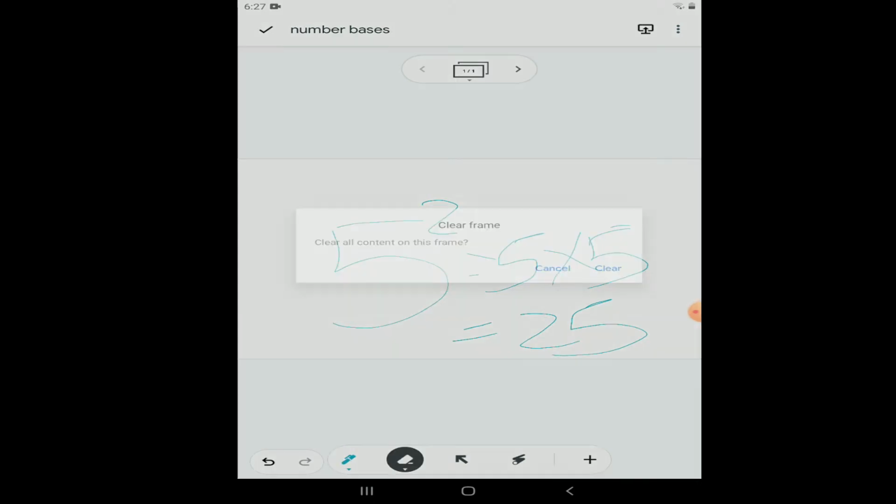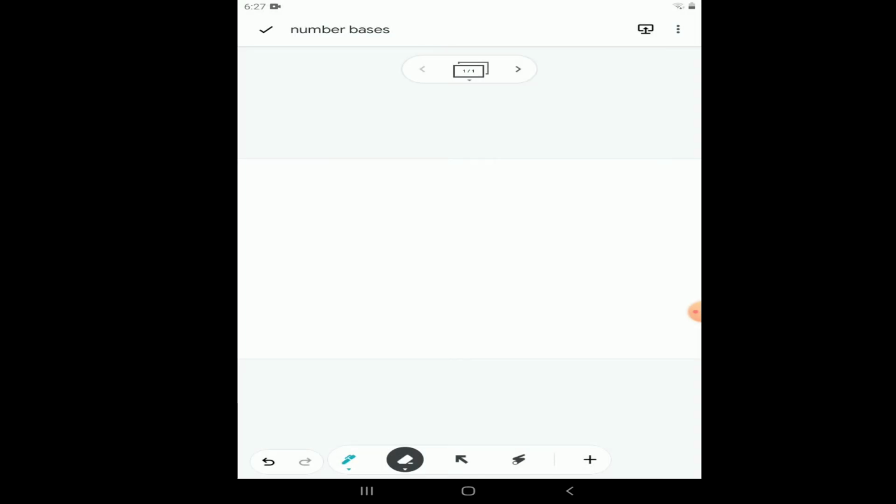So that's where we get the 25s from, and so on. Good. All right, so now let us look at converting from base 2 to base 10. So we're going to do an example. Now you are given 1001 in base 2, and you're asked to convert that number to base 10. So the first thing that we're going to do is multiply each of those digits by its place value.